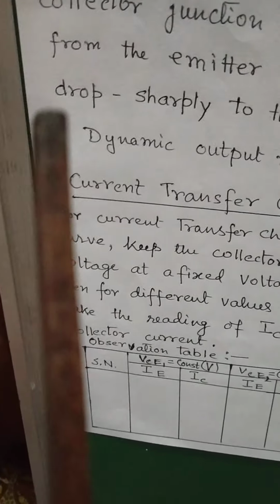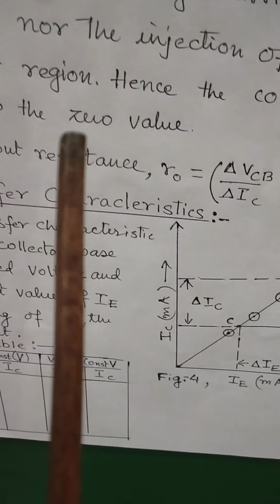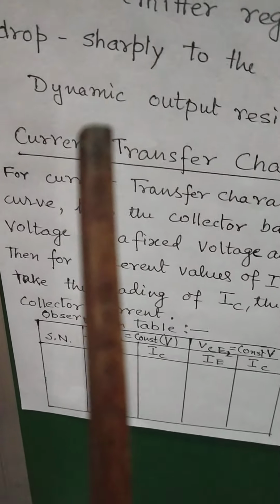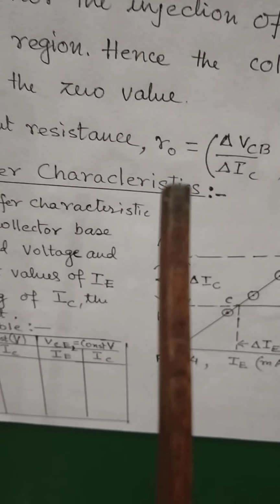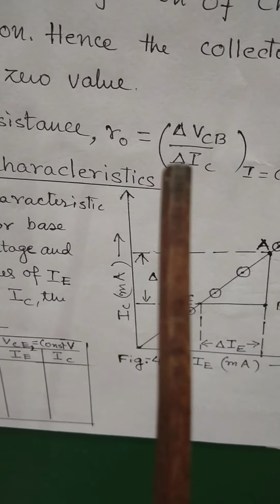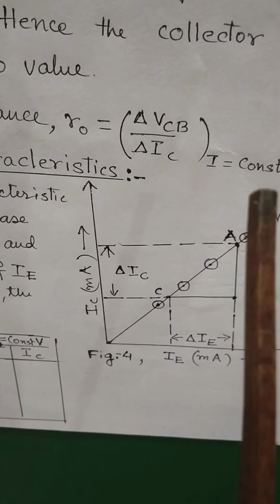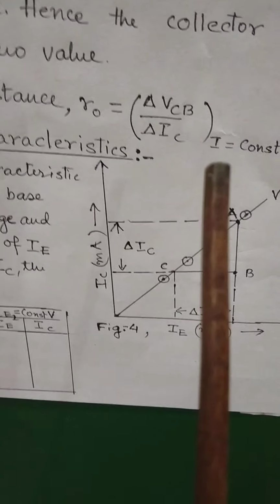Hence, the collector current drops sharply to the 0 value. Now the dynamic output resistance R0 can be calculated. R0 equal to delta VCB upon delta IC for IE, that is emitter current, taken as constant.